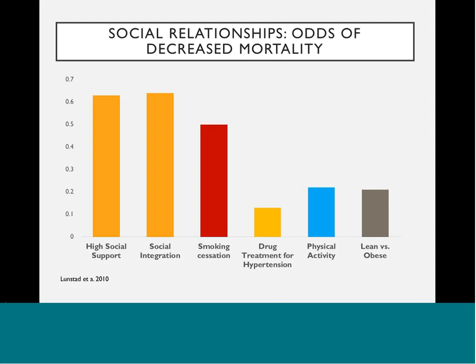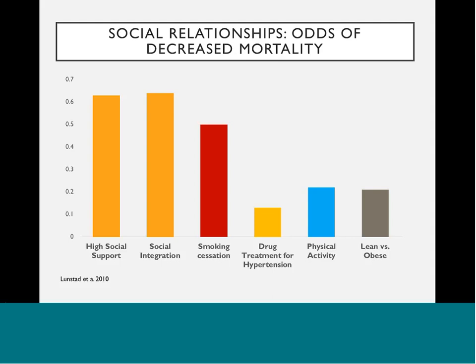The point here is just to show you the size of this relationship. It's a meta-analysis, but there are literally thousands of studies done in a range of different ways, some even in animal models, that demonstrate the critical nature of social relationships for morbidity and mortality.